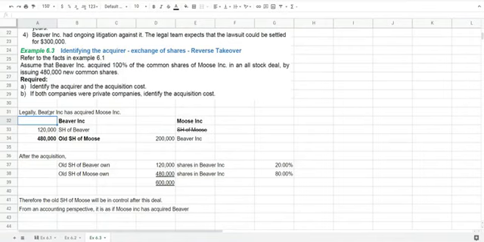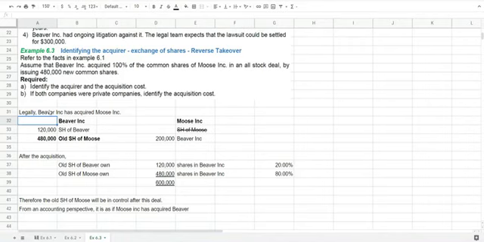So they are reported as a liability, right? And the dividend paid on those mandatorily redeemable preferred shares is actually reported as interest expense on the income statement, right? So this situation is a reverse acquisition.